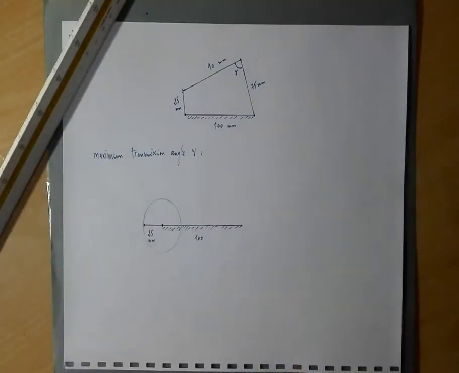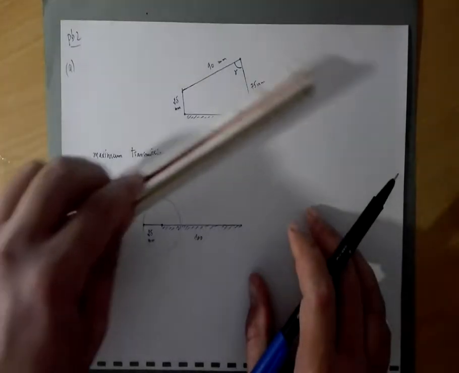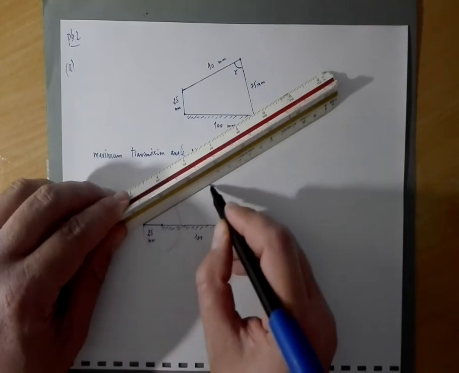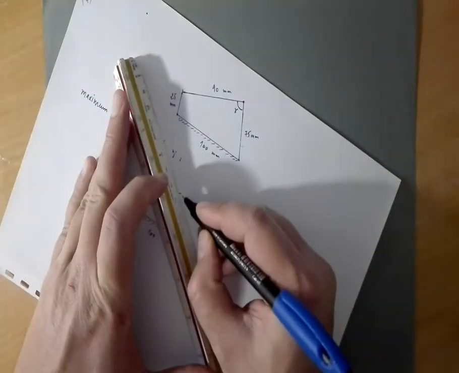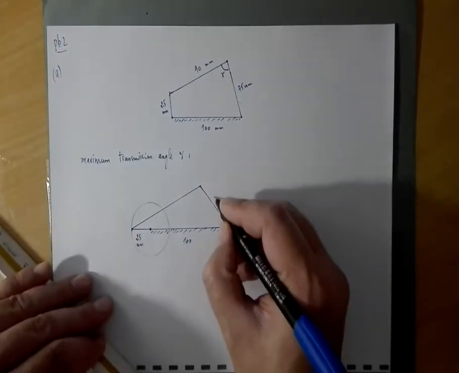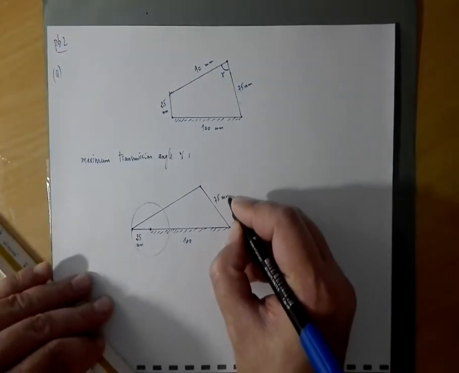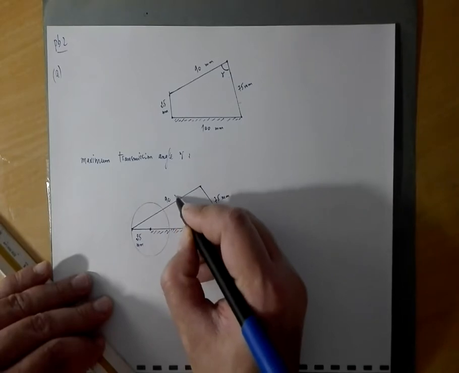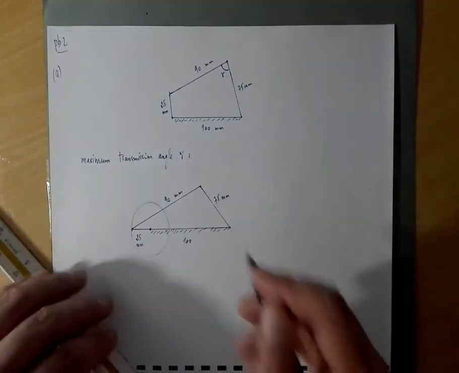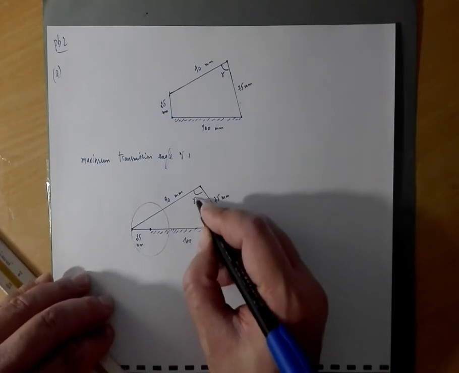Okay, and then the coupler, which has 90, and the rocker, which has 75 millimeter. The drawing is not exact, but it is just a sketch. So this is gamma max.